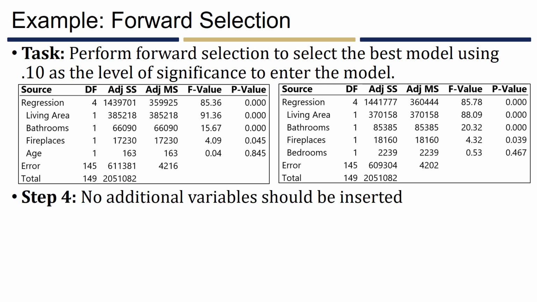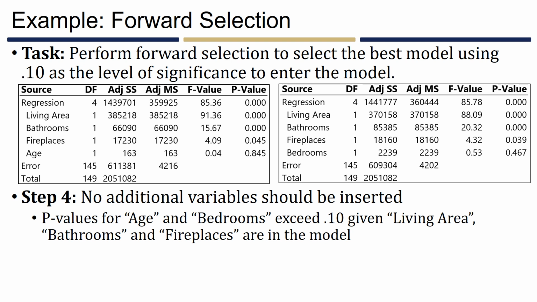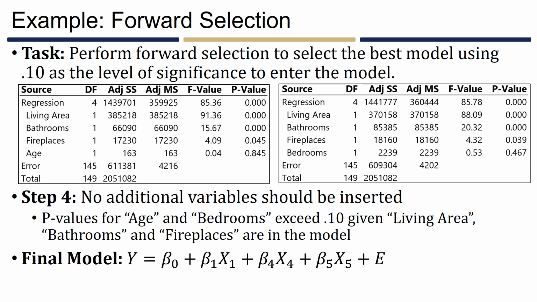So at this point, no additional variables should be inserted into this model. Both of the p-values for age and number of bedrooms are greater than the 10% level of significance that we specified back at the very beginning. So we should stop, and our final model is going to be the model that includes x1, living area, number of bathrooms, which is x4, and number of fireplaces, which is x5.